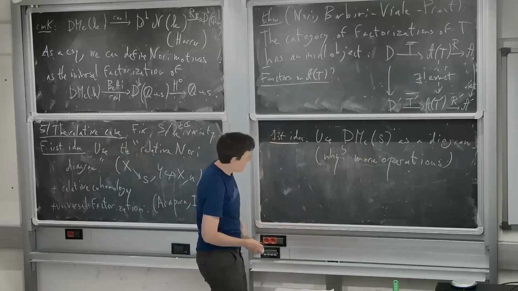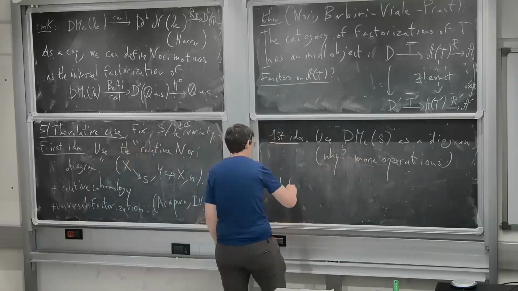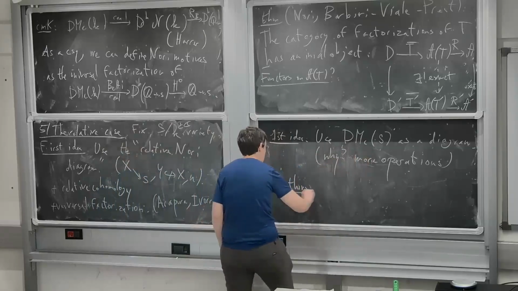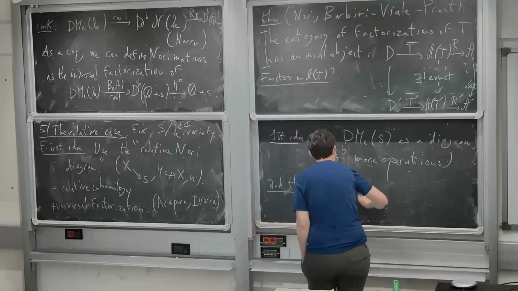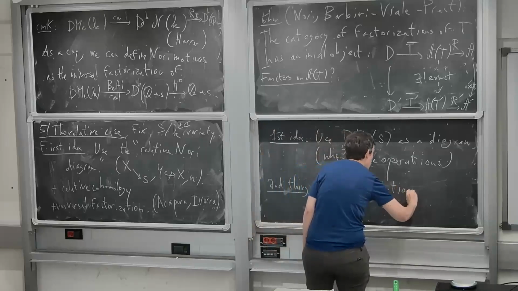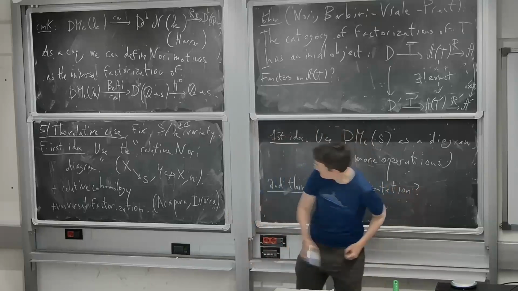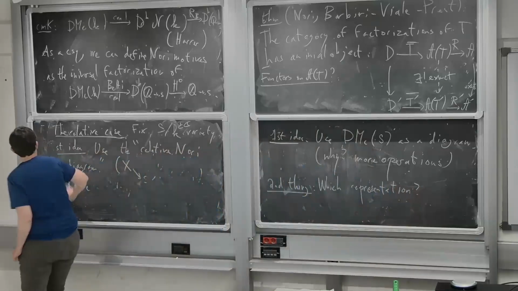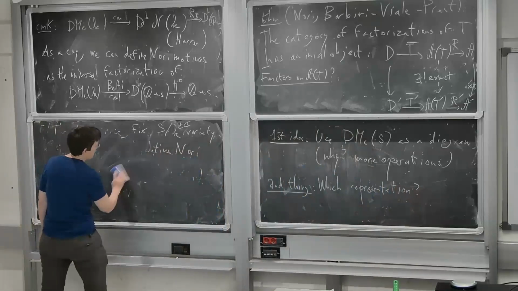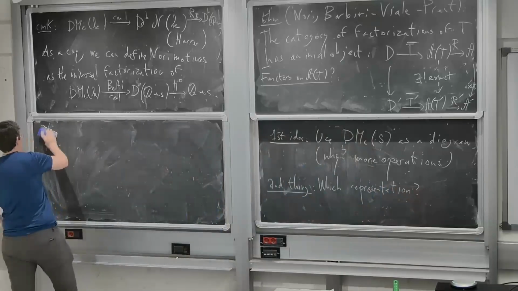Okay, now second thing. Which cohomology? Which representation? So you have to choose a representation. So you have your Voevodsky motives.